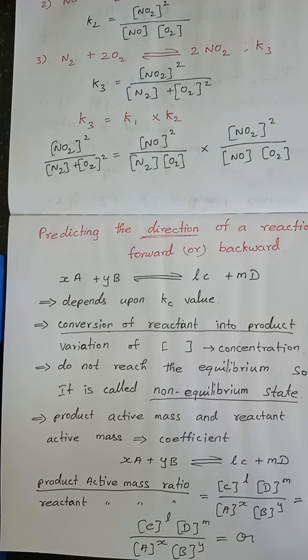So with K and Q values, Q can be used to determine the direction in which your reaction will shift to reach equilibrium. There are three cases.